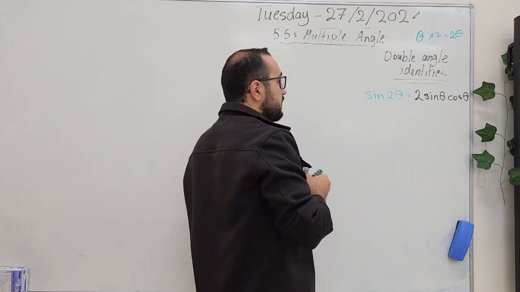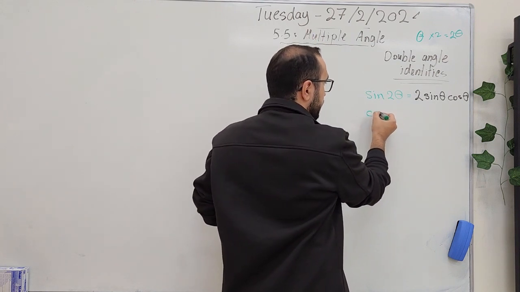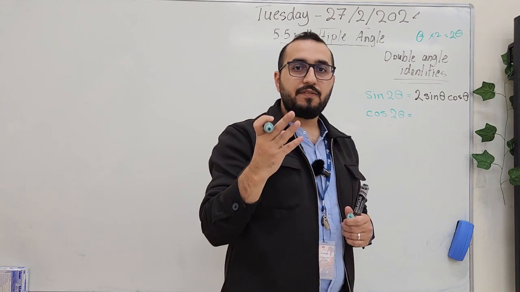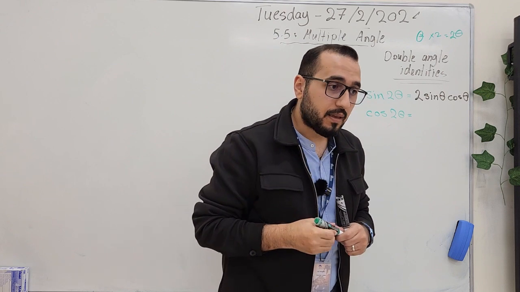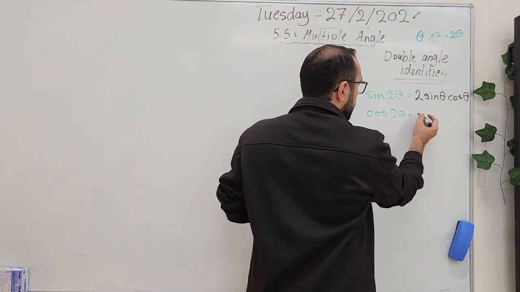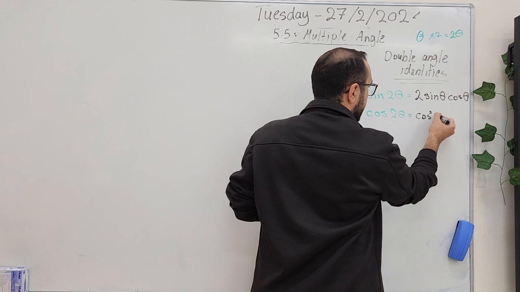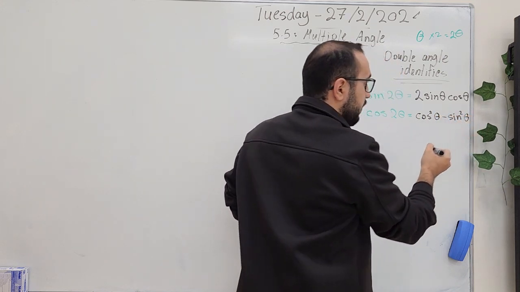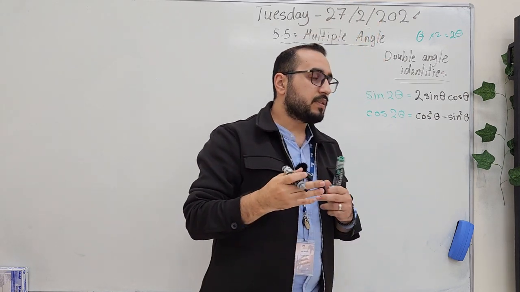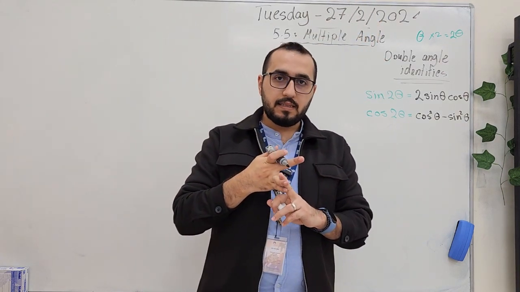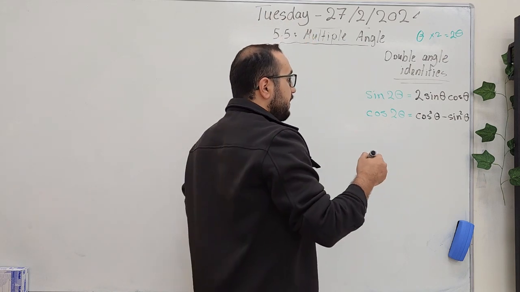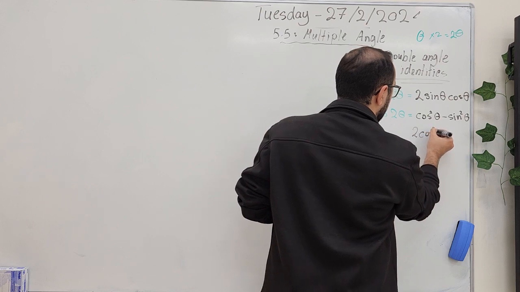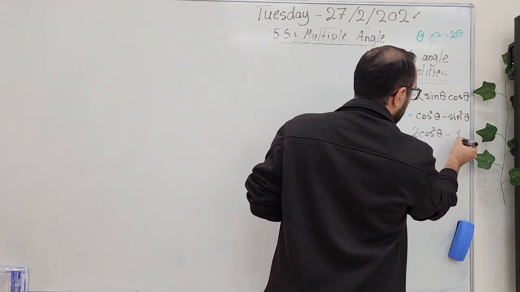Now, what's the rule of the cosine double theta? I have three different formulas for the cosine double theta. The first one is cosine squared theta minus sine squared theta. We have also another formula: 2 cosine squared theta minus 1.